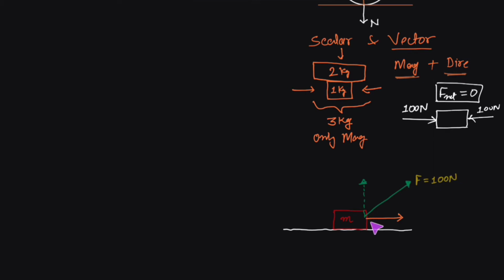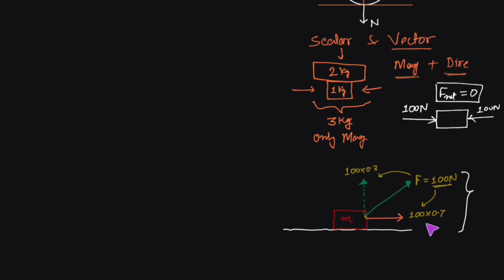In this direction there would be some part of this force applicable, say 100 into 0.8 or 0.7 or 0.6, we don't know. Similarly, some force would be here, say 100 into 0.3 or something, we don't know. This figure is just for understanding purpose. So this component would actually balance the weight of the object, and this component would actually work to move this object. So that is why breaking a force into various components or its effects into different directions is required. So this process is called vector resolution.